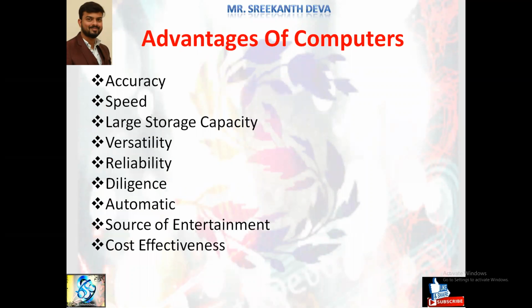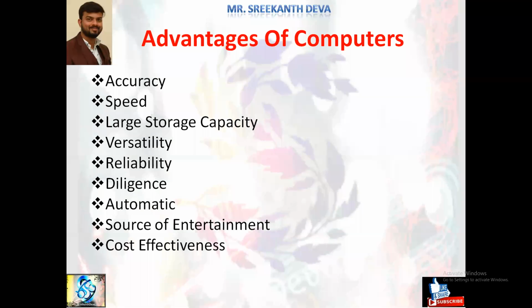Now, what are the main advantages of using computers? We can use computers for getting accurate results and high speed, whether I want to do any kind of data related operations, calculations, or high level algorithms. A computer can store a large volume of data, so it has large storage capacity.